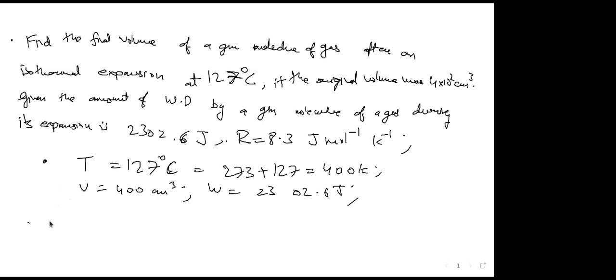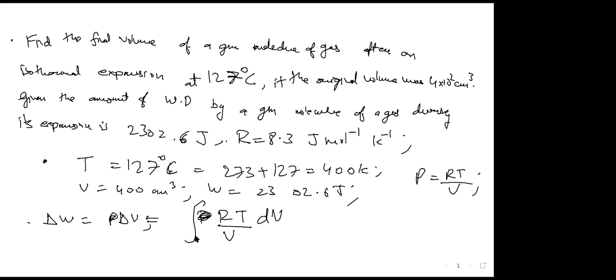Given it's an isothermal process, your dW is just P dV, and P हमको पता है is nothing but RT divided by V, right? So P तो हो गया RT divided by V dV. Just integrate that from initial to final.